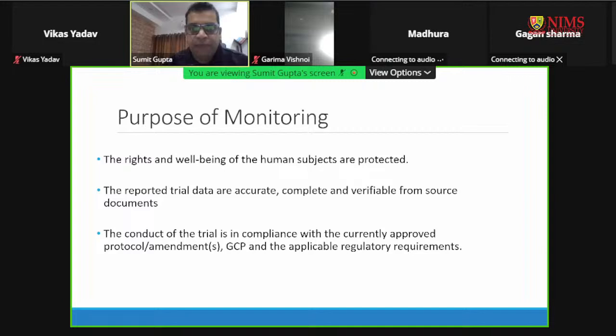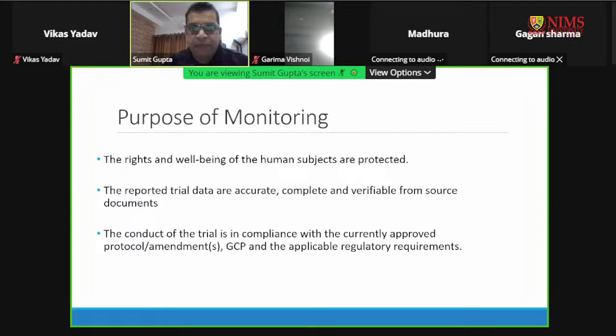So data is across multiple systems, and often the data is reviewed in silos. So when the CRA is reviewing the vital signs, then his whole focus is on the vital signs, and he can correlate vital signs with the lab.